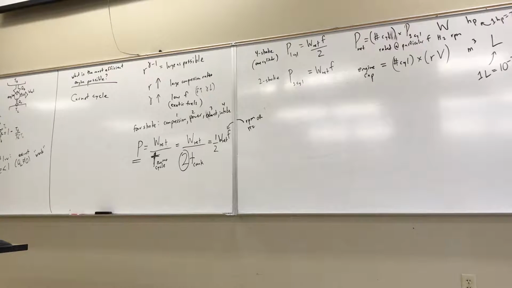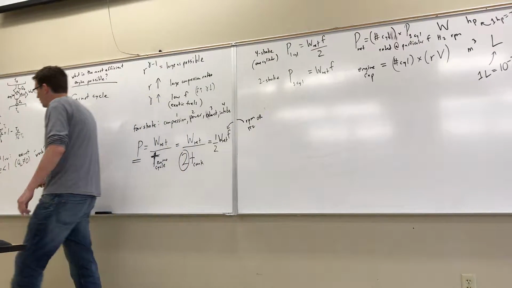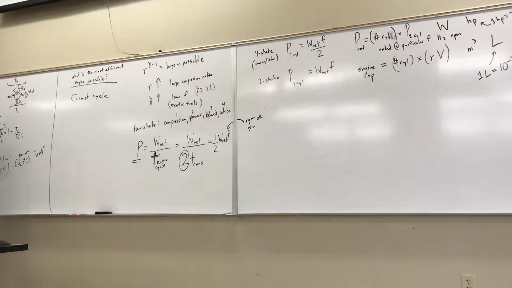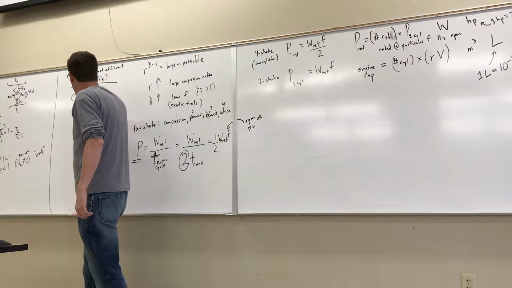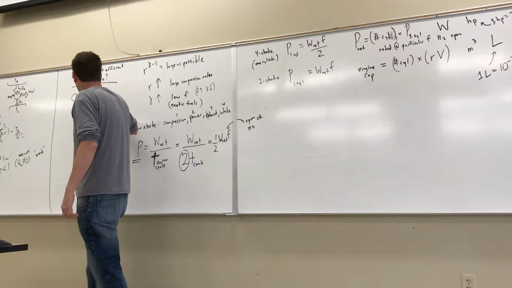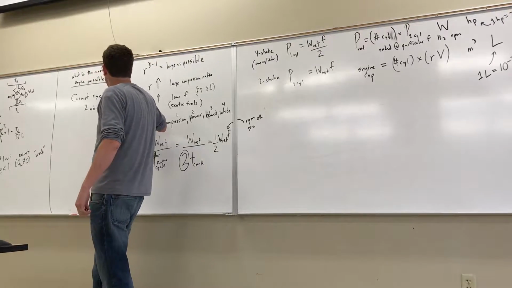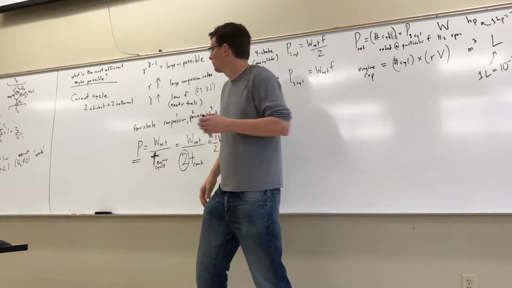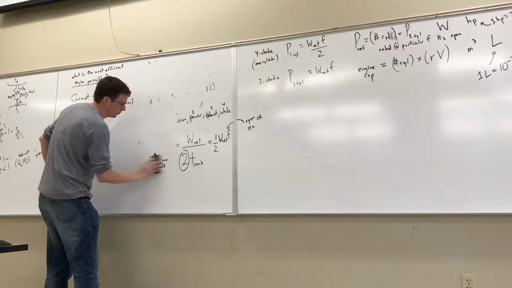So it's a different series of thermodynamic steps. The Otto cycle was 2 adiabatic and 2 isochoric. This is not that. This is 2 adiabatic plus 2 isothermal. So it's a different deal.